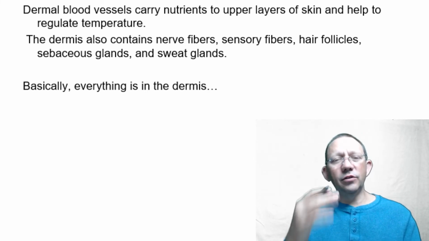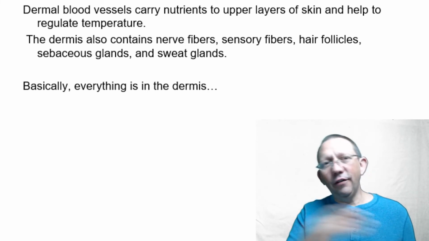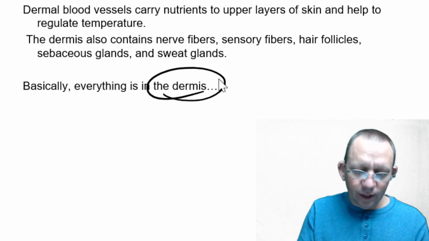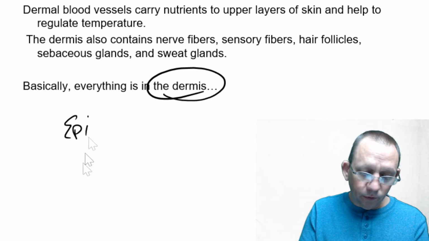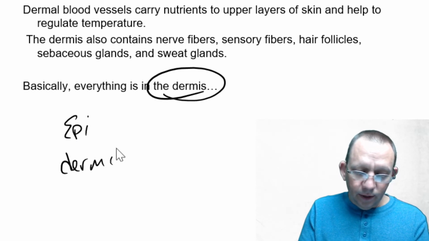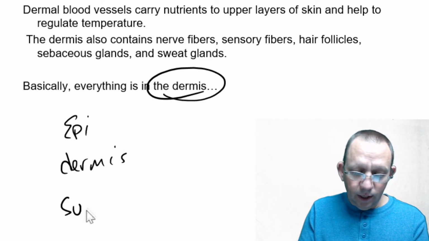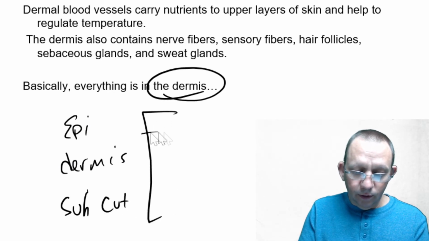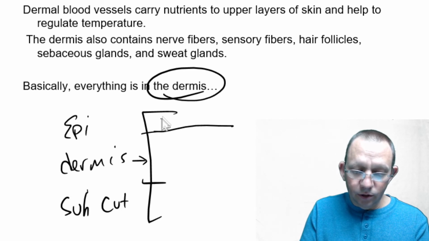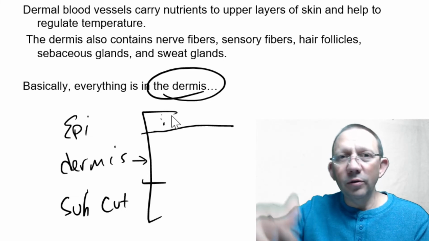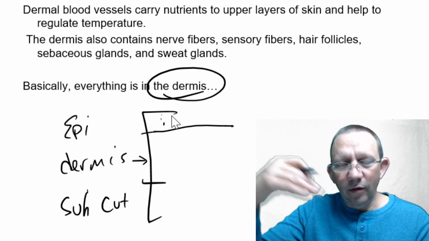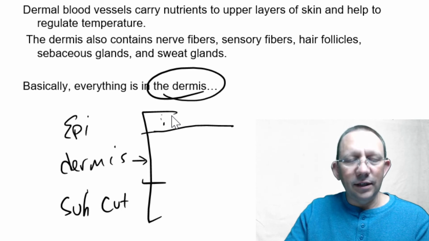Okay, the dermis also contains nerve fibers, sensory fibers. Basically, everything is in the dermis. That's one thing I want you guys to understand. Remember, we had the epidermis, the dermis, and the subcutaneous. Everything is in the dermis. The epidermis is just those other layers we talked about, the germinativum and spinosum and all that jazz, basale and all these things.